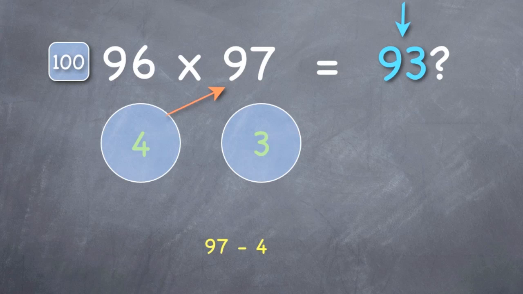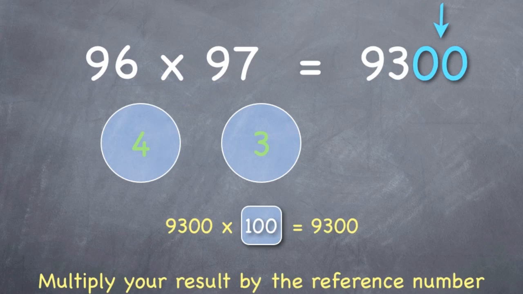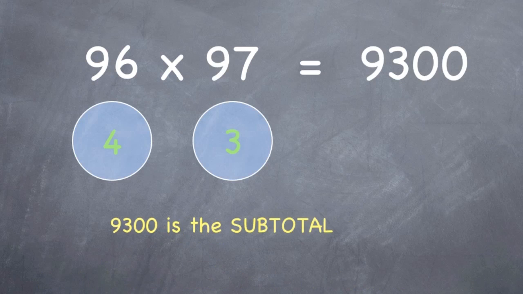But how do we know that it is not 93 or 930 or 9,300 or 93,000? Well, simple. We take 93 and multiply it by the reference number 100, so you get 9300. So 9300 will be the subtotal, which means we have to find another number to add to the subtotal, and that other number will be found in the multiplication of the numbers in the circles.